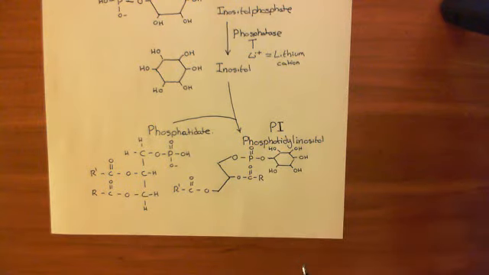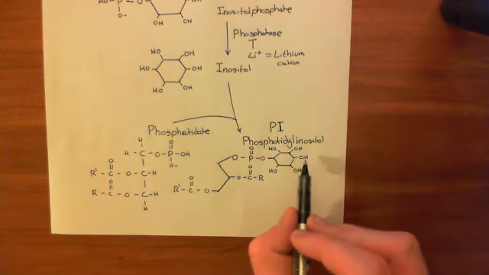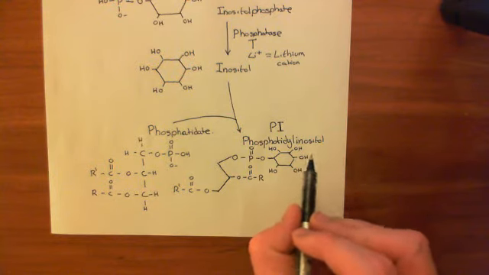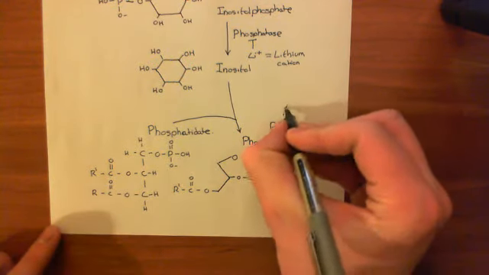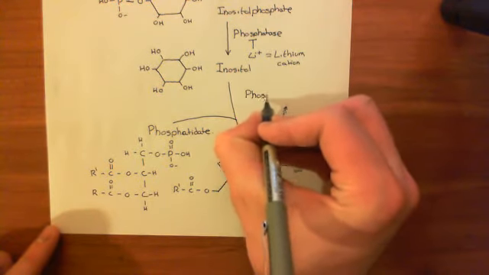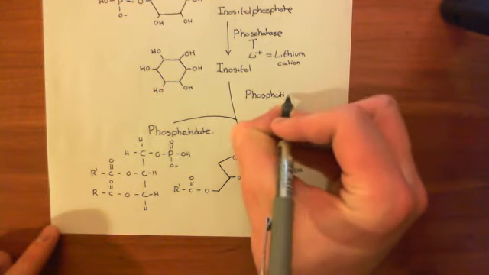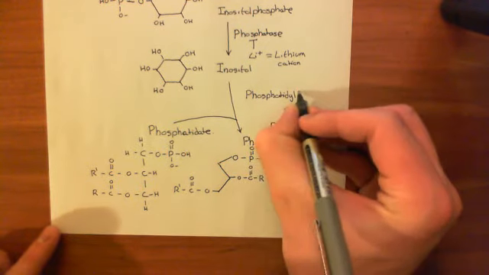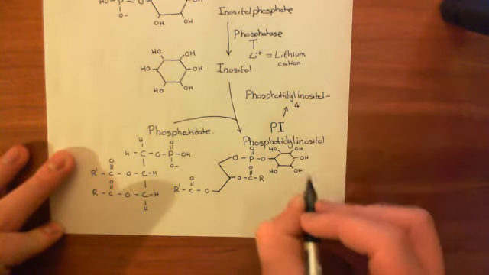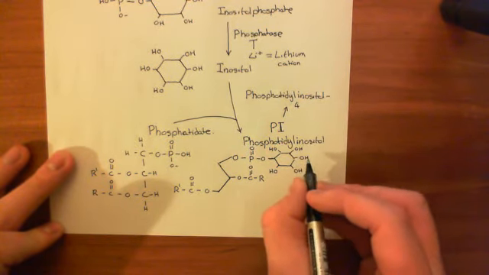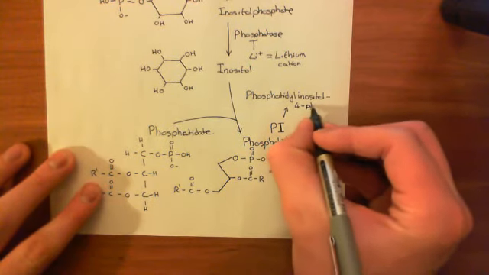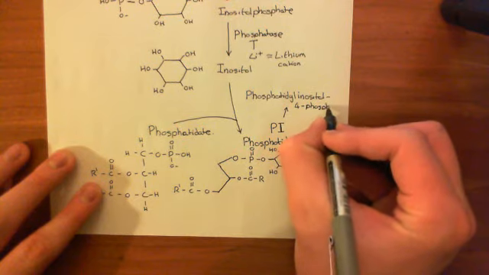Right, okay, and then what you do is you first phosphorylate this fourth hydroxyl group here to create phosphatidyl inositol 4-phosphate. So you put a phosphate group in on this fourth hydroxyl group, but you haven't yet put one in on the fifth carbon either.